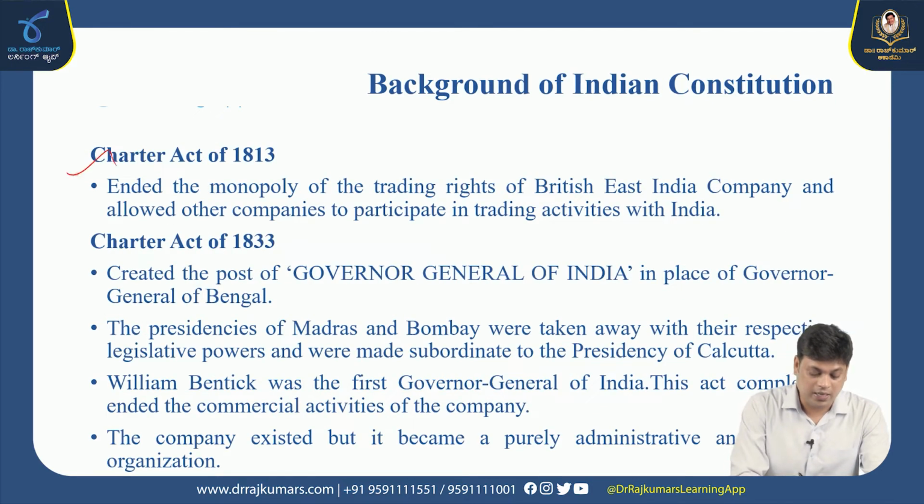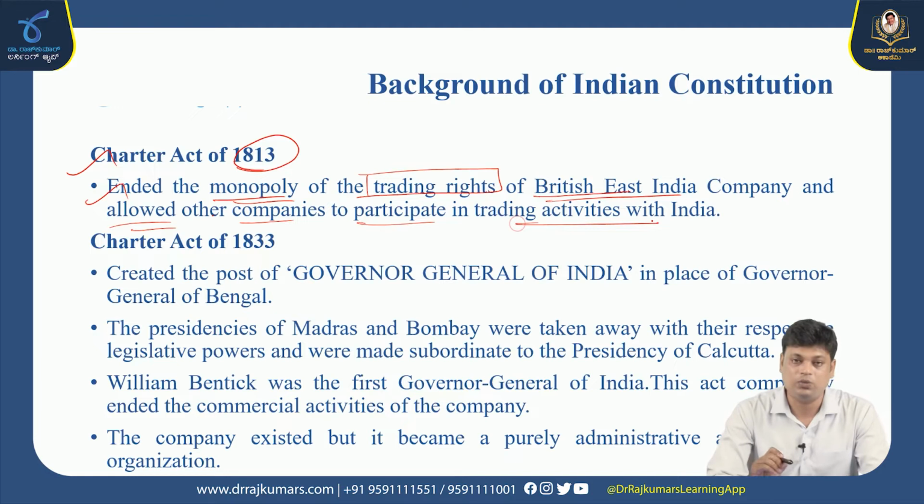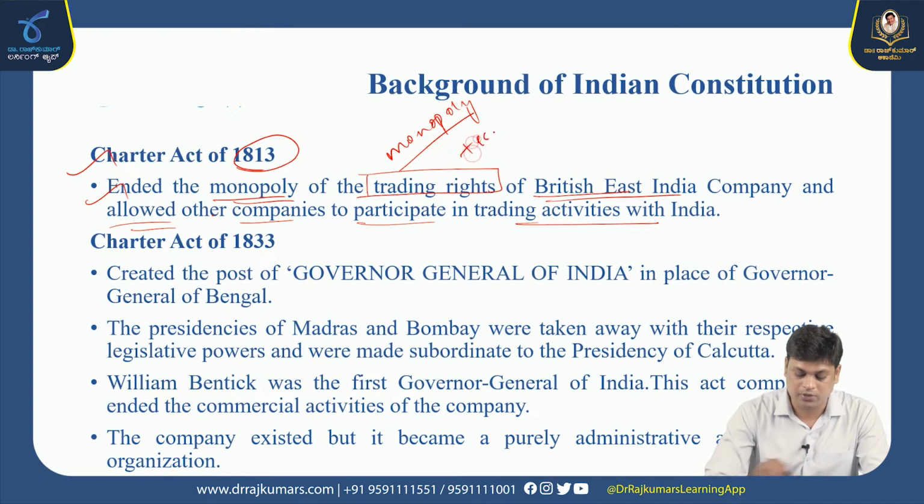Next act, the Charter Act of 1813, which ended the monopoly of trading rights of the British East India Company and allowed other companies to participate in trading activities within India. Monopoly means single authority over trade and commerce.